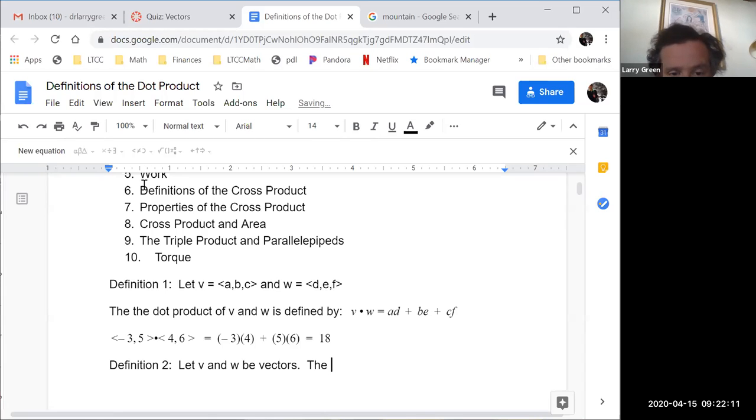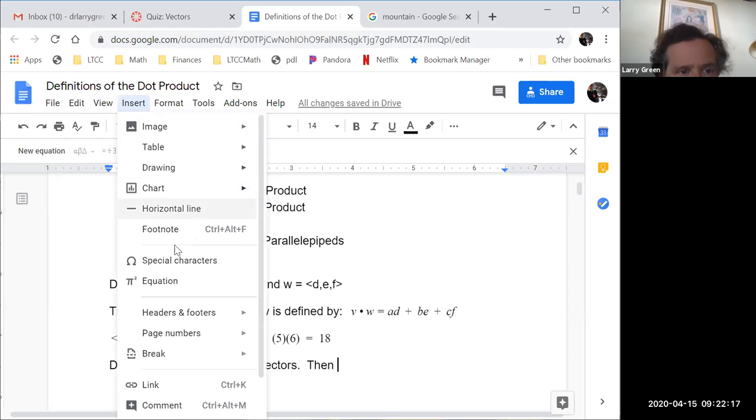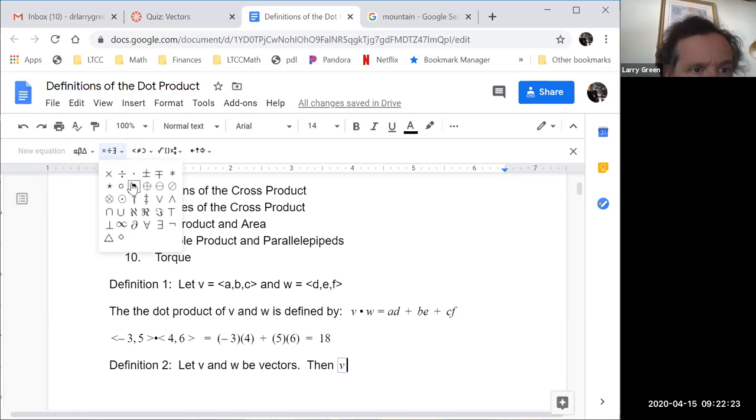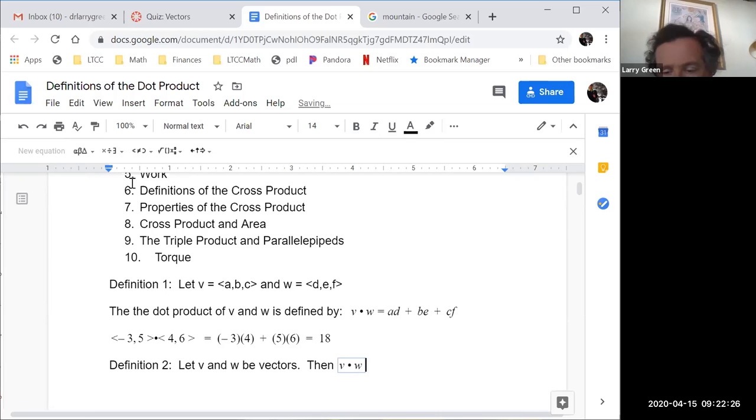Then we want to define the dot product. So let me write it out. V dotted with W is equal to, and the idea here is we've got to think about what do you have?